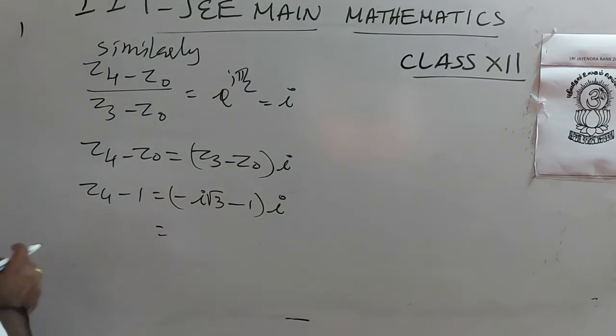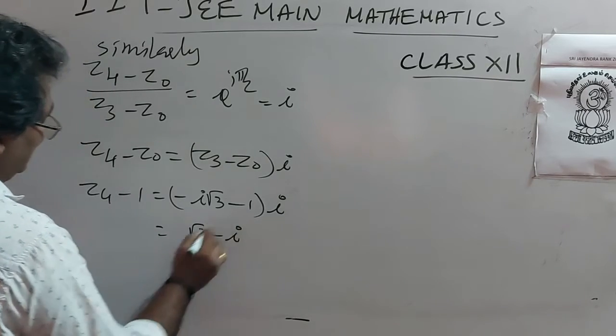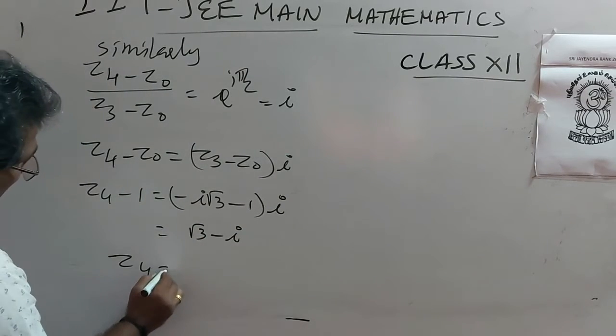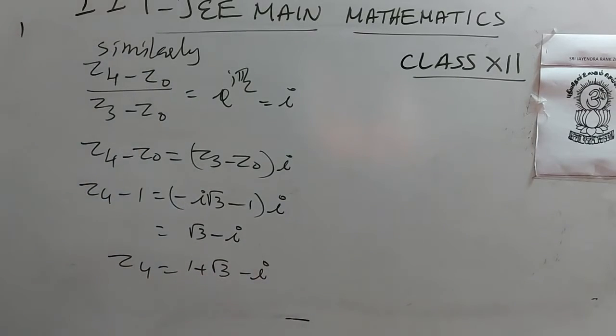I into minus i plus 1, that is root 3 minus i. Z4 equal to 1 plus root 3 minus i.